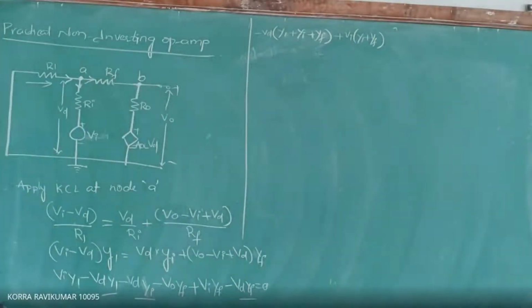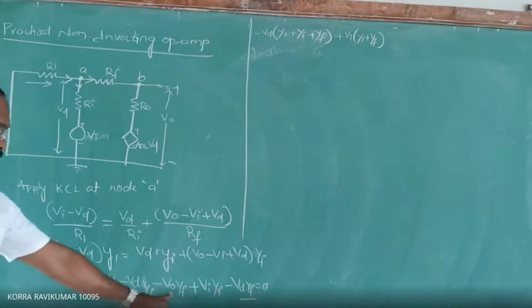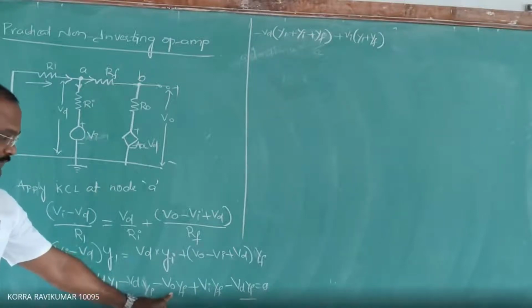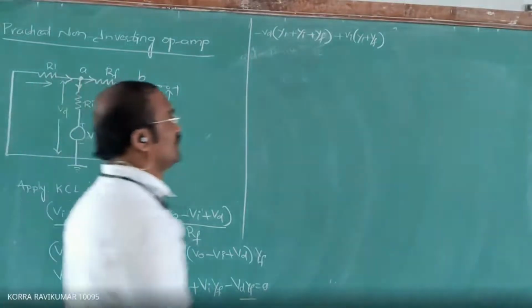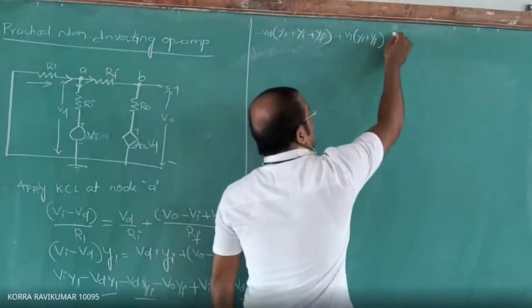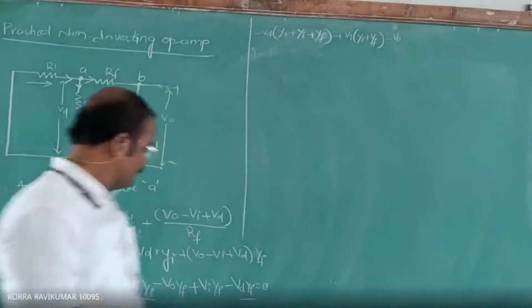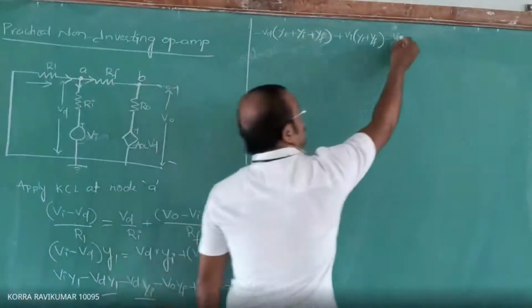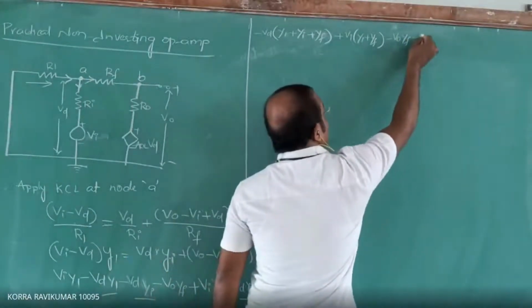Next, see here, the fourth term consists of V naught, so write it as usual, that is minus V naught into Yf, which is equal to 0.